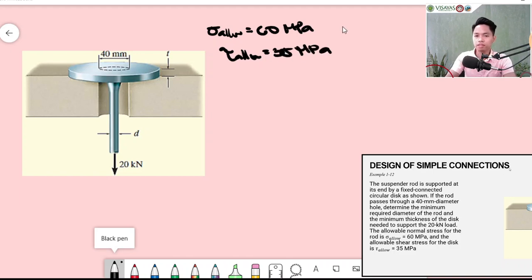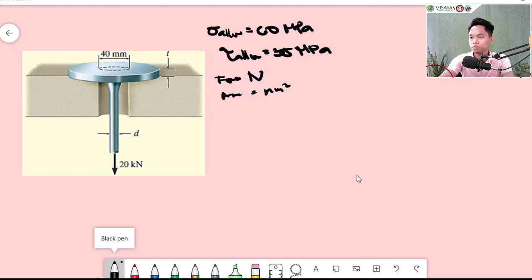Again, remember that this is MPa, so therefore we are going to use force in Newton, right? And our area in mm squared para diretso. So the problem here is we are going pila daw ni, alright?